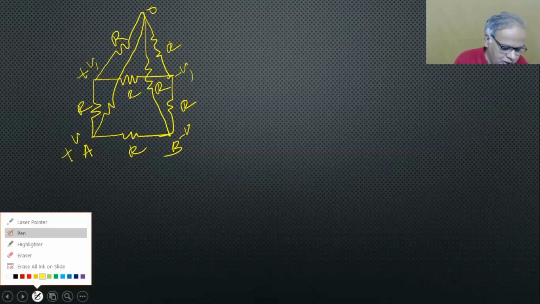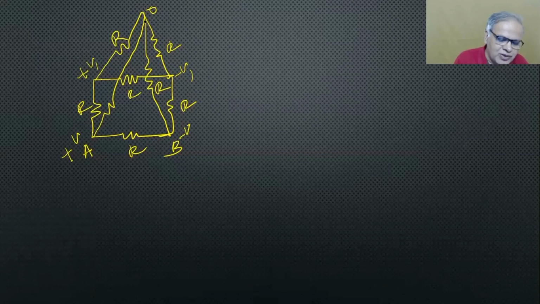If I break it also, child, look. This one, of course, you'll write once again the Kirchhoff law and do it. But in this particular case, supposing I break it also, it will still remain 0, no?